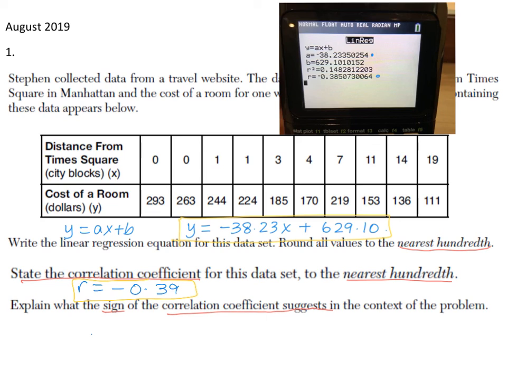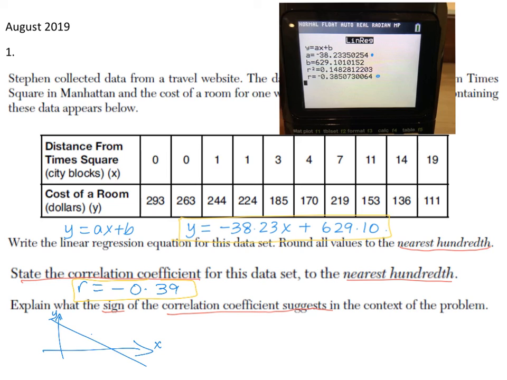We are saying that as one thing is increasing, the other one is decreasing. So yes, we are seeing what they want us to see. We are seeing a graph like this with a negative slope.